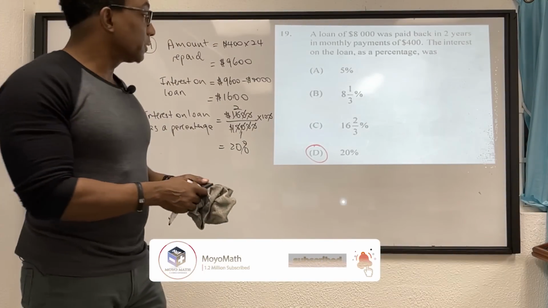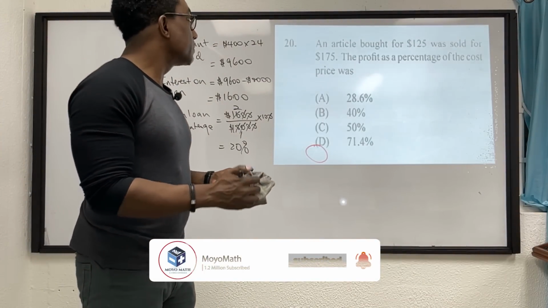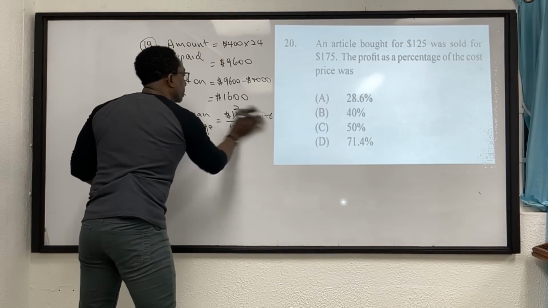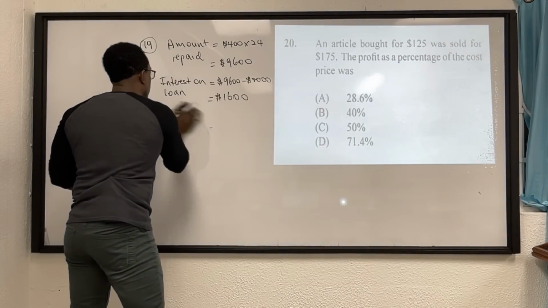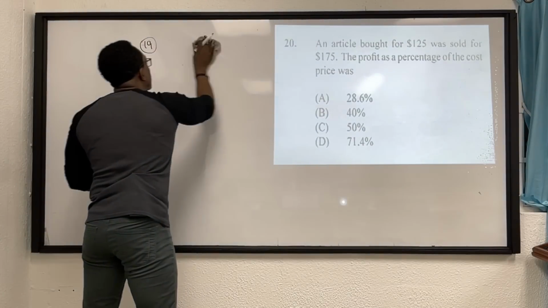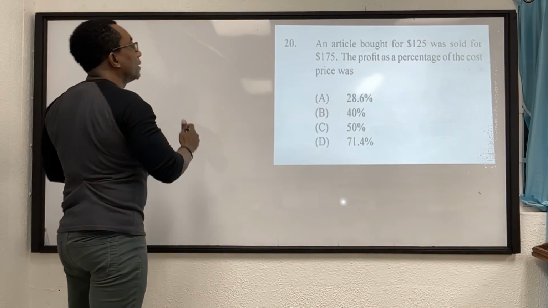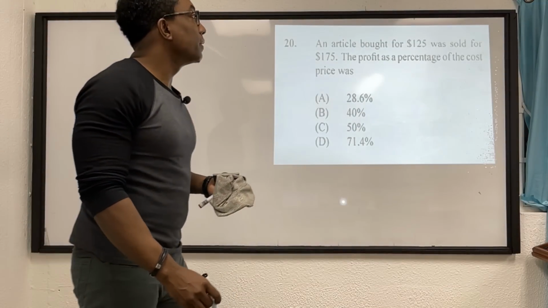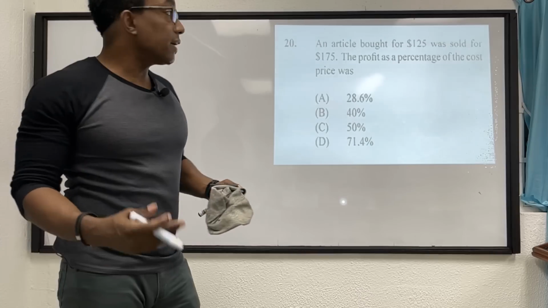So let's move on to question 20. So 20 states, an article bought for $125 was sold for $175.